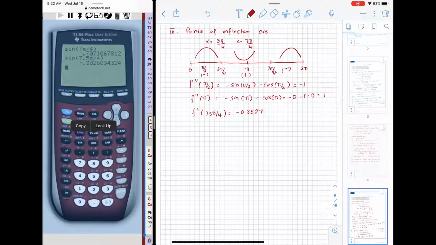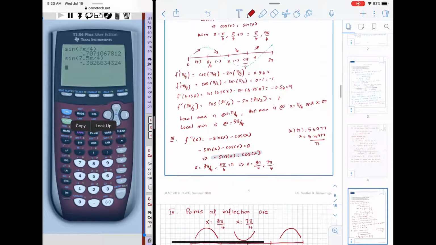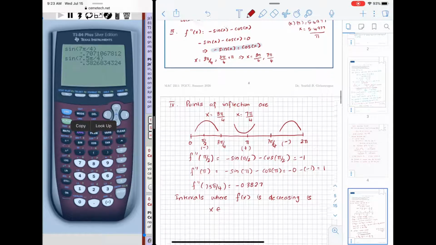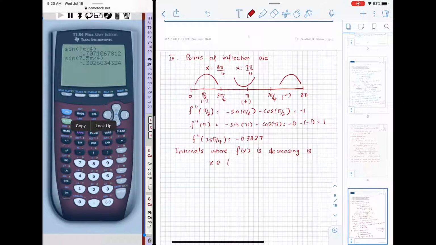So the intervals where f of x is decreasing is all values of x that are in pi over 4 to 5 pi over 4.